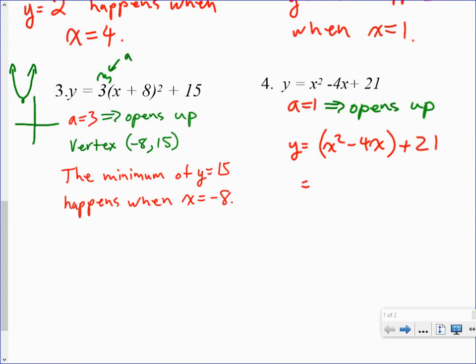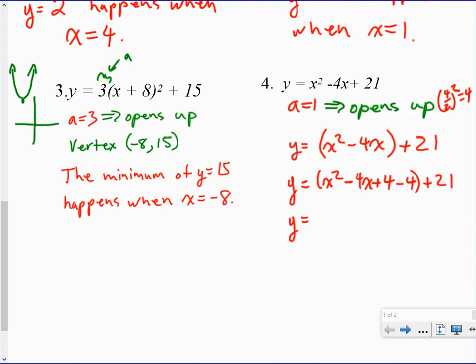So the number is 4 divided by 2, and we square it, we end up with 4. So we're going to add 4 and minus 4 to this bracket. So x squared minus 4x plus 4 minus 4 plus 21. So that is what y is equal to.